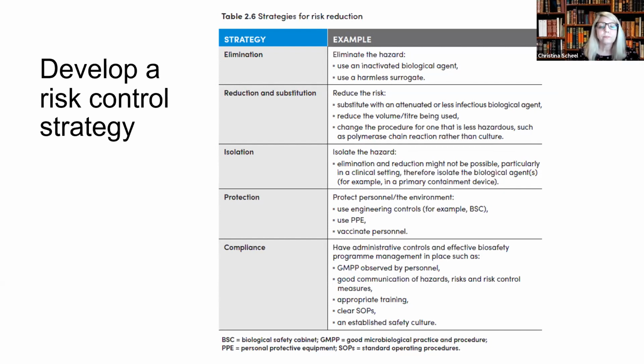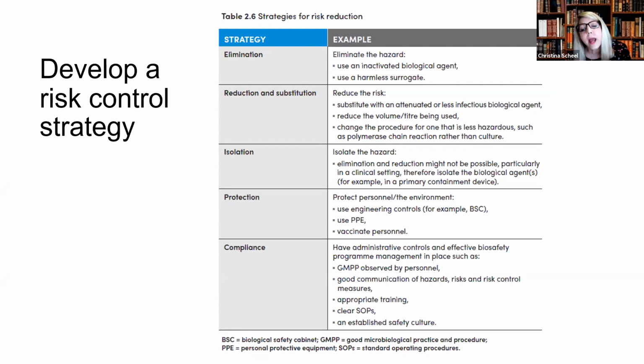And then protection. This is probably one of the most commonly used because it's not always possible to eliminate or reduce or substitute for the work that you're doing. And so this includes PPE, use of engineering controls, including a BSC, and also vaccination would be included in this risk control strategy. And then compliance. This is extremely important.